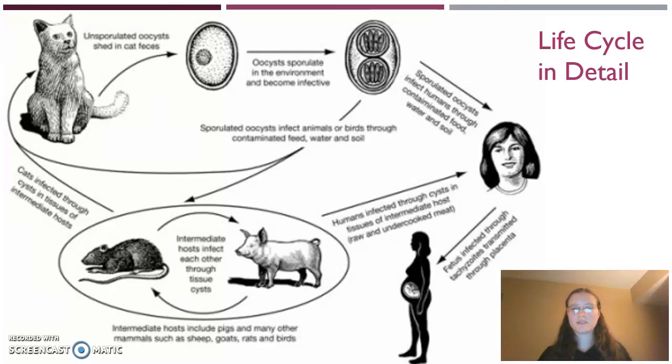So humans, mice, pigs, sheep, a lot of mammals are infected with Toxoplasma gondii. And this is by the fecal-oral route, where the oocysts enter the human's or the mammal's intestines after ingestion.